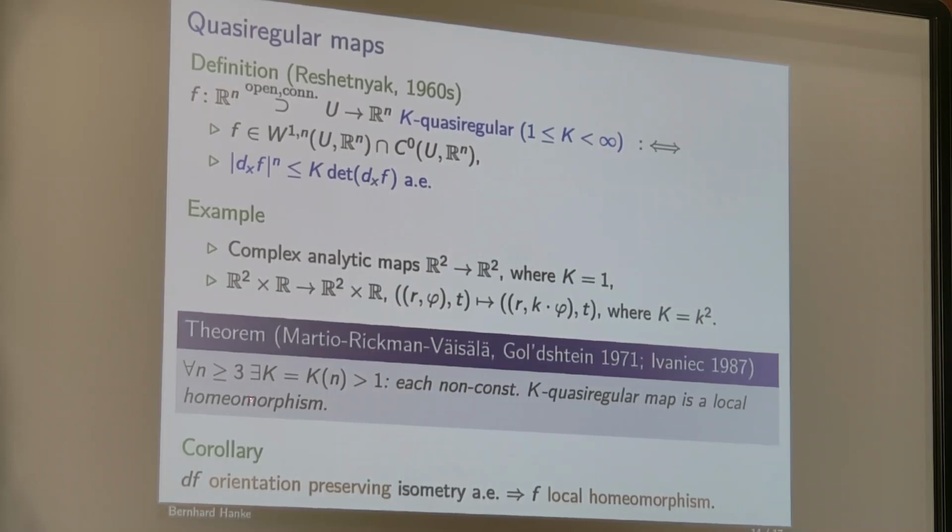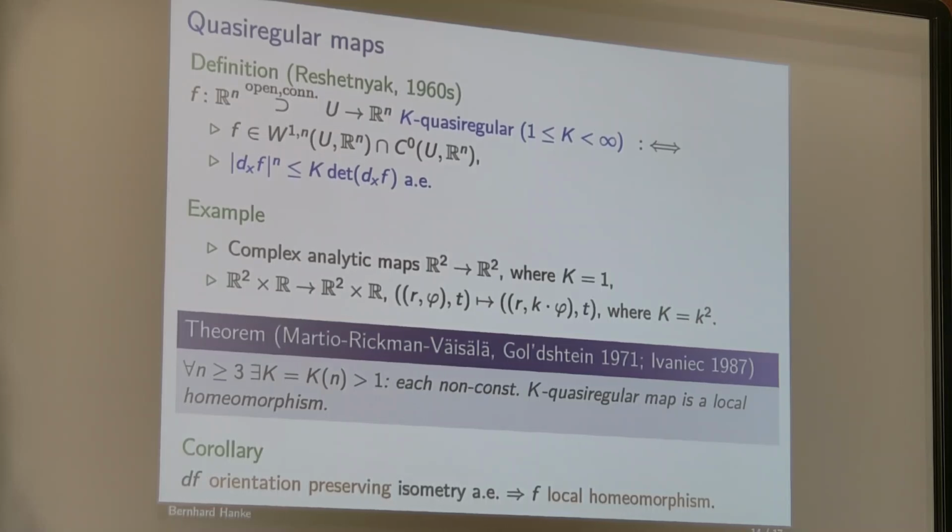This works in all dimensions at least 3, because in dimension 2 we have these examples here. And this map is a branched map. So now we take this theorem as a black box, and if df is an orientation preserving isometry almost everywhere, then this condition is fulfilled with k equals 1.